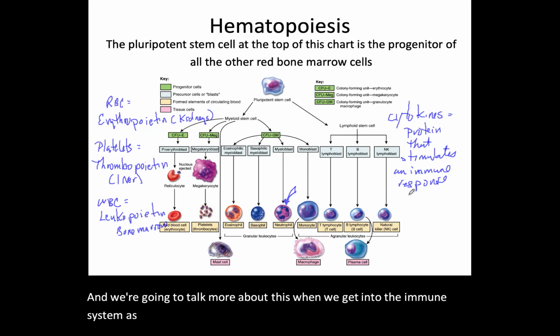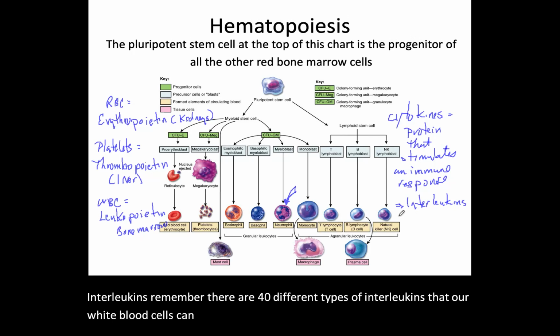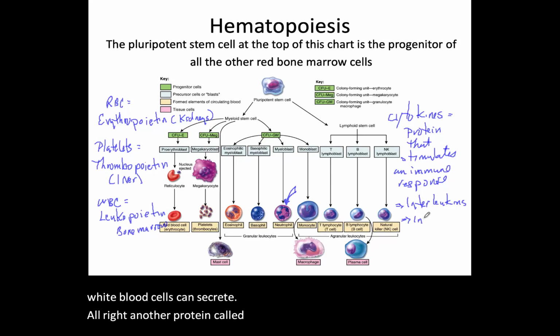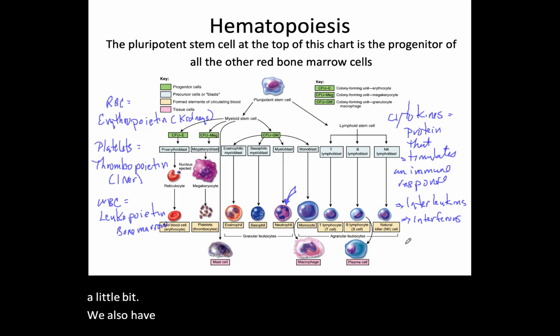But examples of cytokines include interleukins. Remember, there are 40 different types of interleukins that our white blood cells can secrete. All right. Another protein called an interferon. We'll talk more about these in a little bit. We also have those CSFs, those colony stimulating factors.